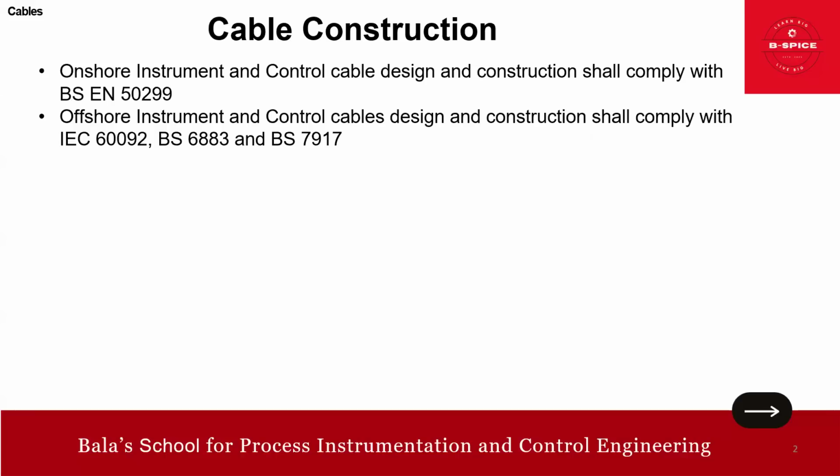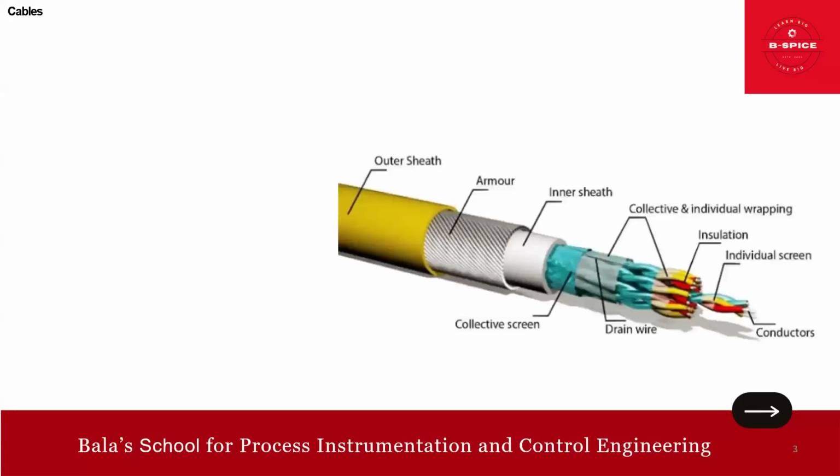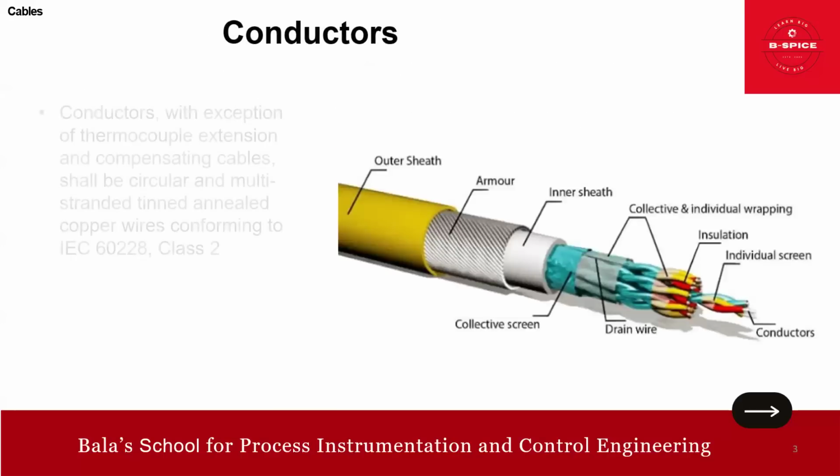These are some of the standards. Try to remember as much as possible. Onshore BS EN 50299. Offshore IEC 60092, BS 6883, and BS 7917. Again, friends, I'm giving an outline actually. Now, we'll talk about the conductor first.